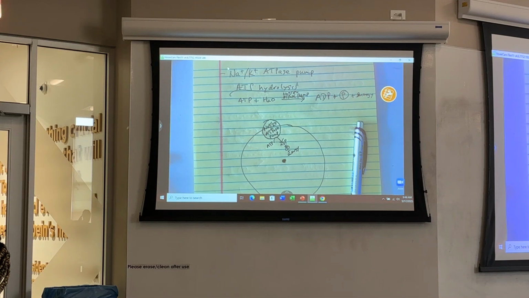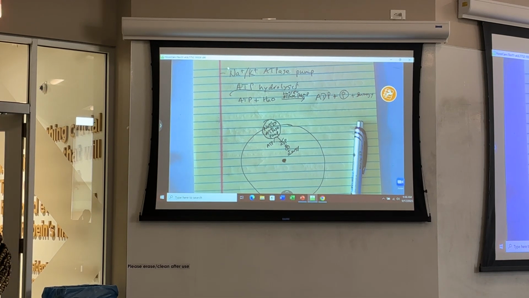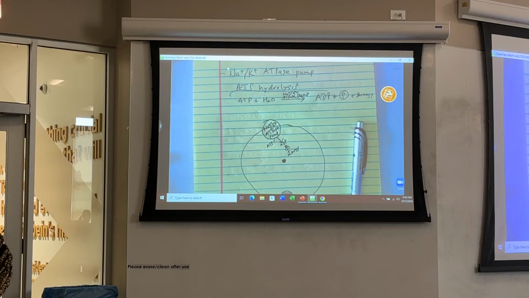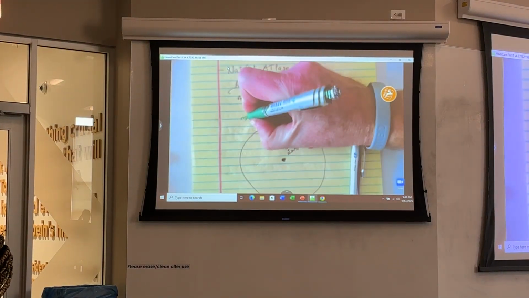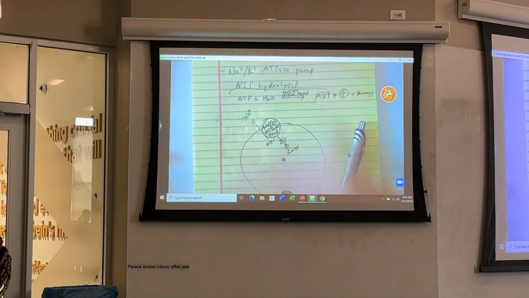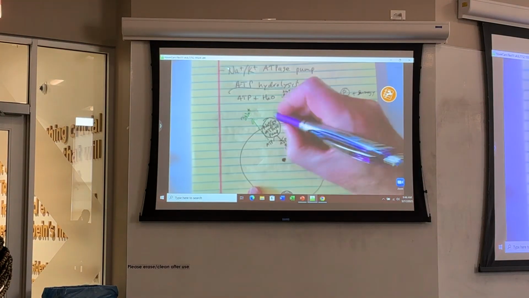It's moving sodium. How many in which direction? 3 out. And potassium in which direction? 2 in.